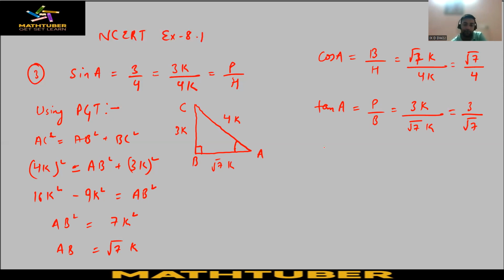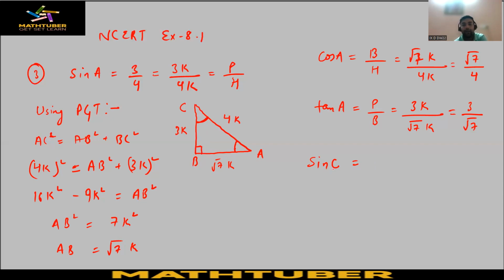And suppose someone asked you to find the value of sine C. If you are taking this C angle as your angle, then the side opposite to the angle C will become the perpendicular, which means that AB will become the perpendicular and BC will become the base now, and AC will remain the hypotenuse.